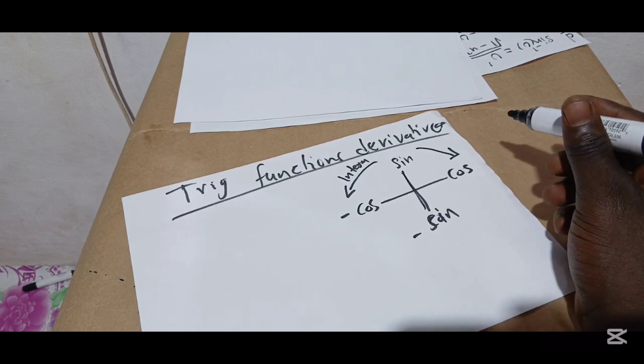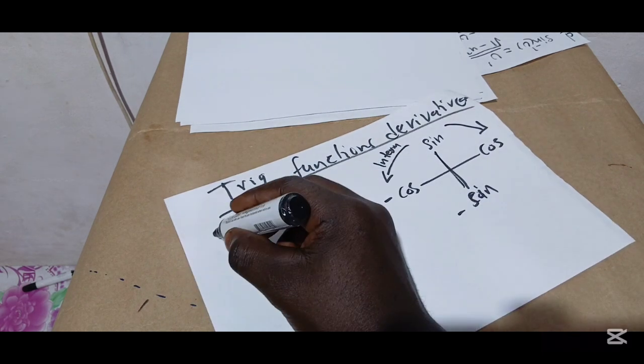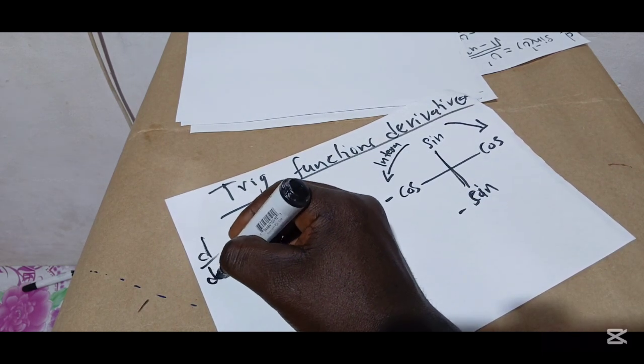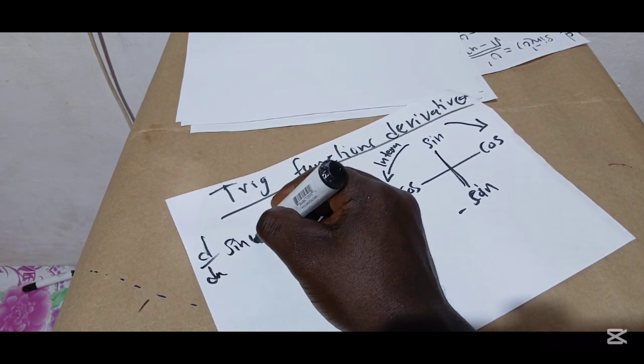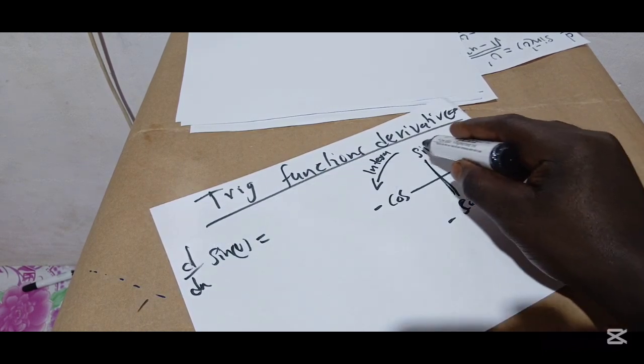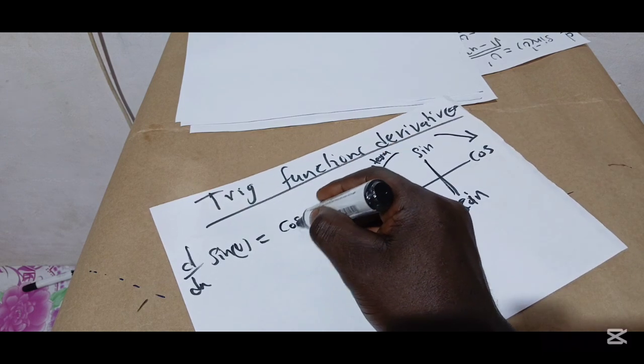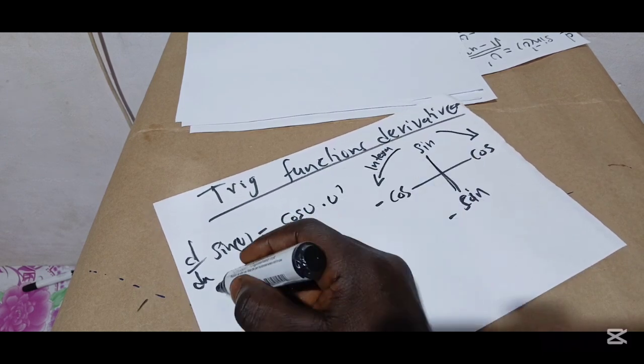So aside from the basic trig identities, maybe you might forget this. So we know that if we are to find the derivative of sine u, because we are differentiating, if you differentiate sine u, you get cos, right? It's going to be cos u and then u prime.